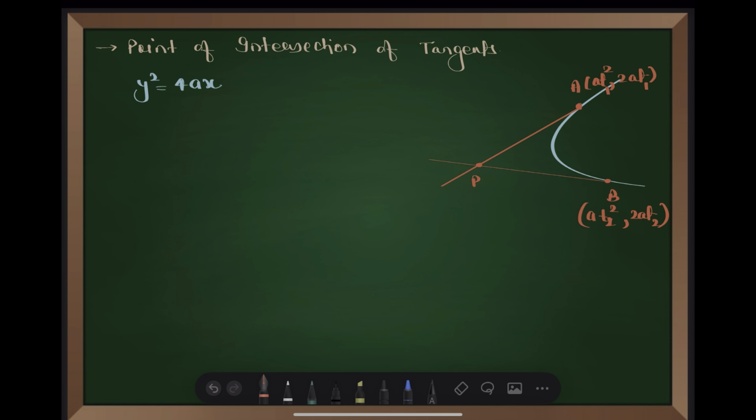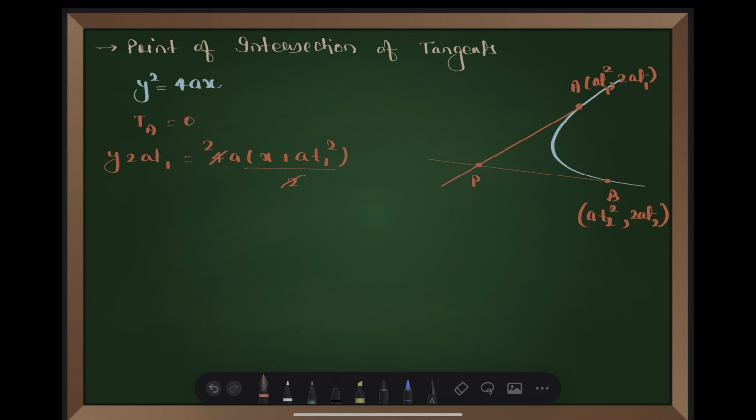Now they are talking about intersection of tangents, so can we go with the equation of tangent? I'll apply T equals to 0 because of point A. So let's do that. y times 2at1 equals 4a times (x plus at1 square) by 2.